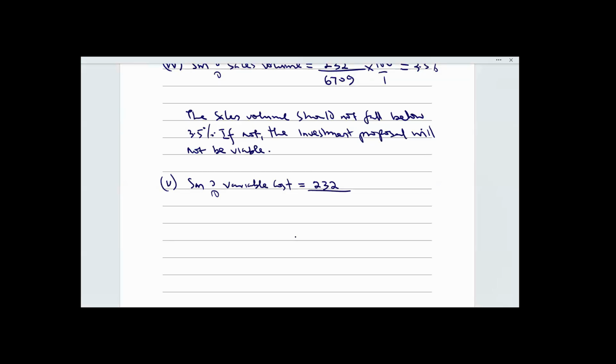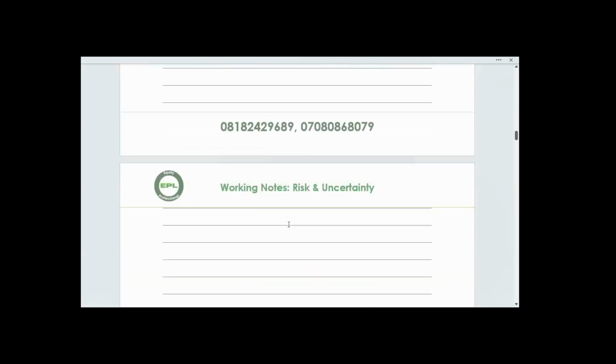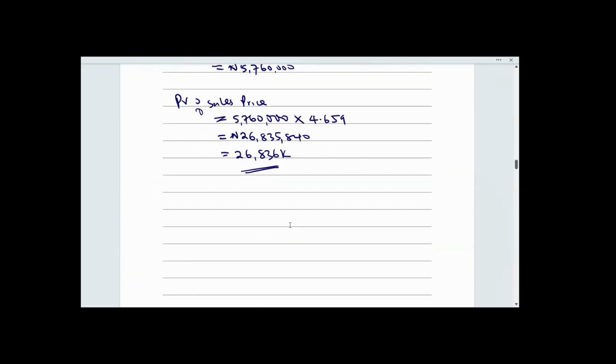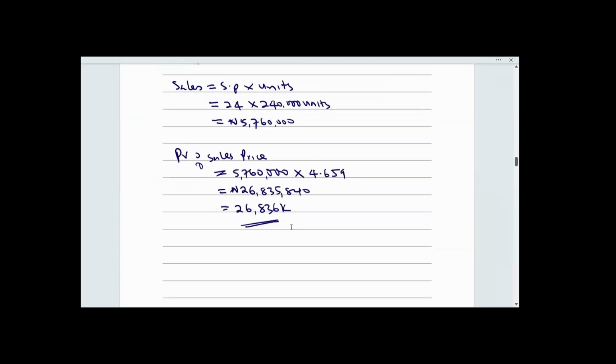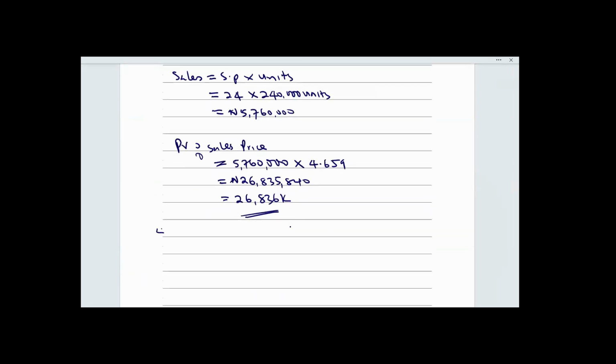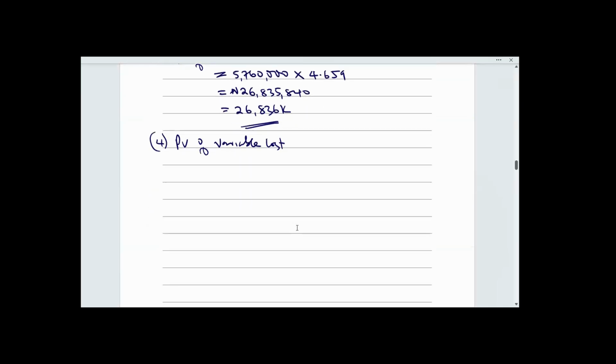We don't know the present value of variable costs. We need to go and calculate it. So working number 4, PV of variable costs. Okay.